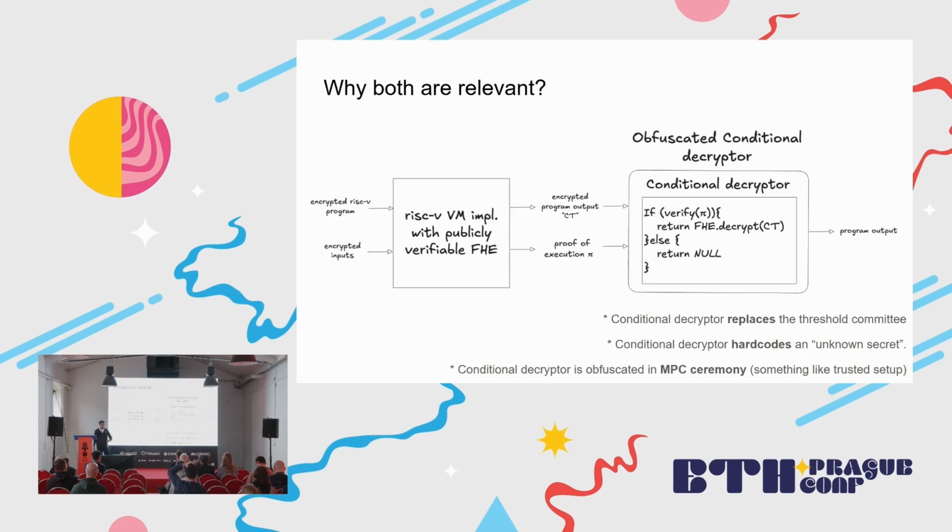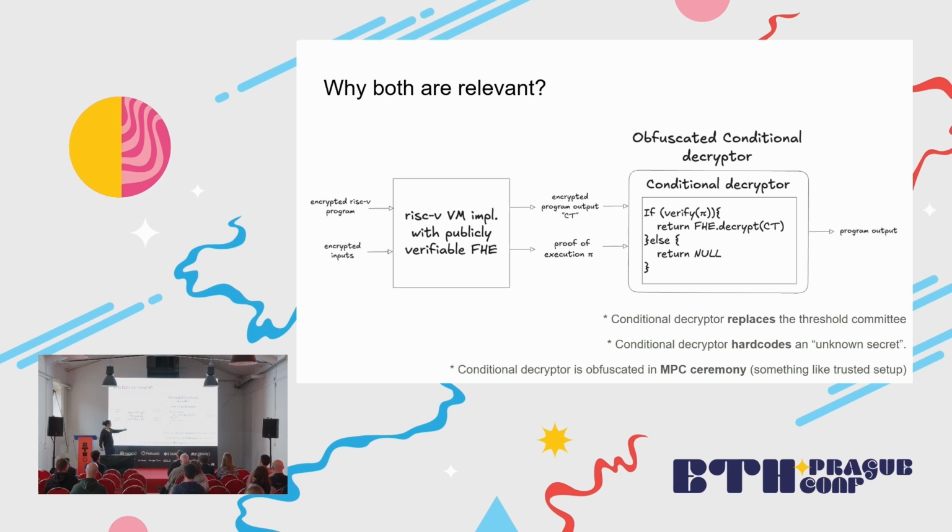So why are publicly verifiable FHE and the conditional decryptor relevant? Well, you can first have the RISC-V implemented with publicly verifiable FHE, and it produces the encrypted output and, in addition, a proof of execution. And then you can write a program called the conditional decryptor.